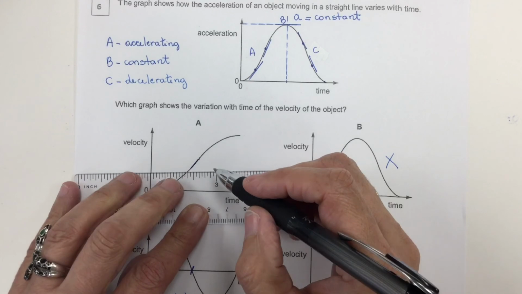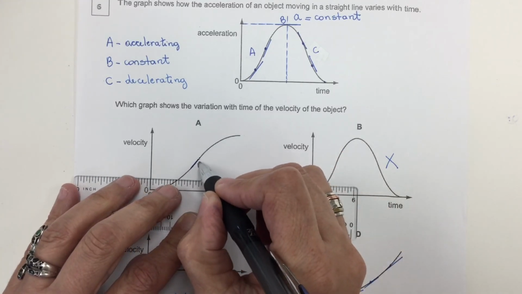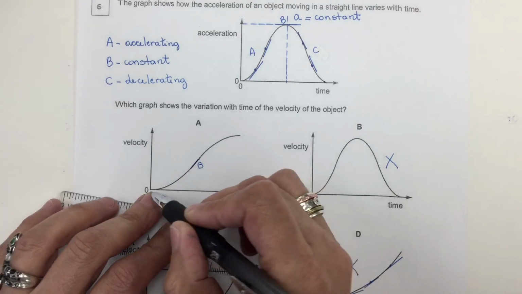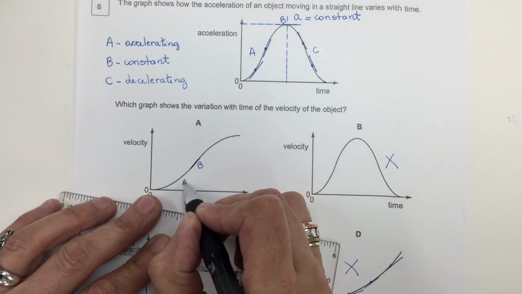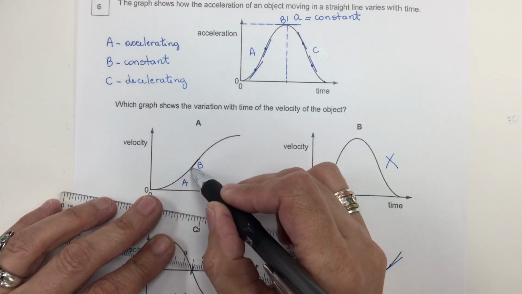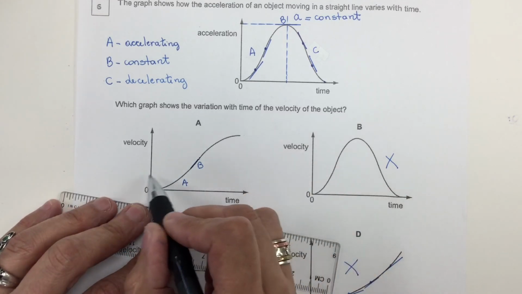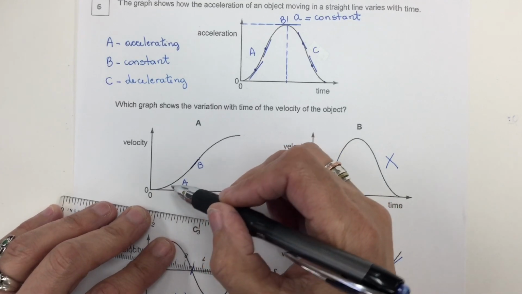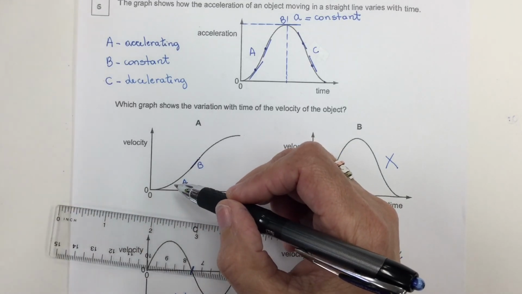So this section will be my section B. And here will be my section A, which makes sense, it is accelerating. The velocity is increasing, but not at the same rate.